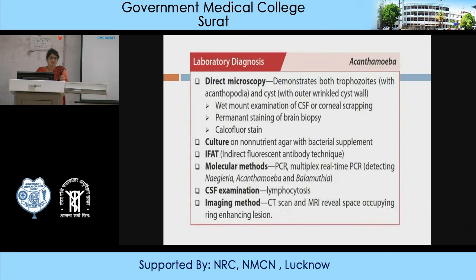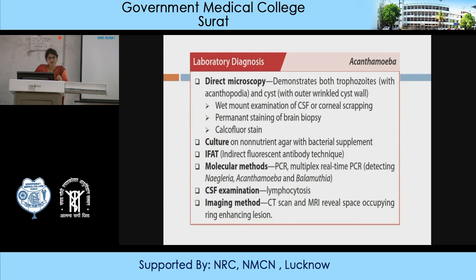For the diagnosis of Acanthamoeba, the sample of choice is cerebrospinal fluid, and here you can do direct microscopy. The trophozoite and cyst, both forms, can be seen in the CSF as well as in corneal scraping.